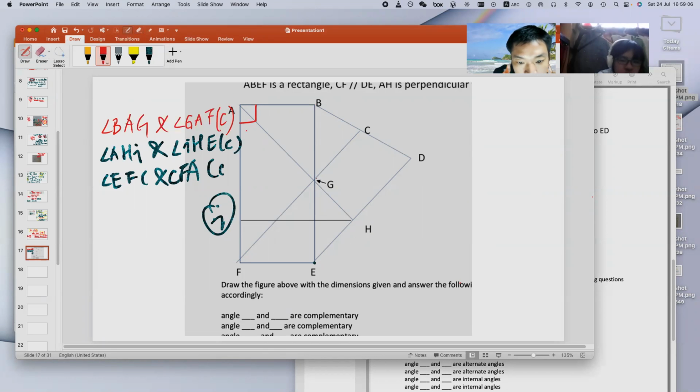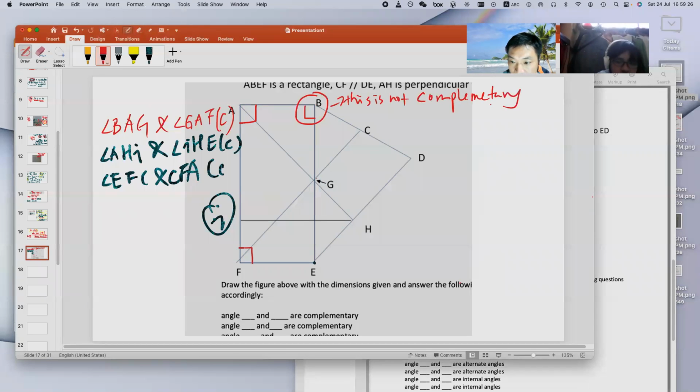This one is a right angle, right? This one also, and this one also. Can you take this one as complementary? Cannot. This is not complementary.